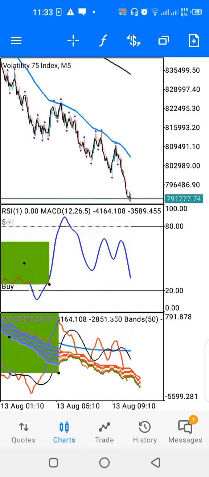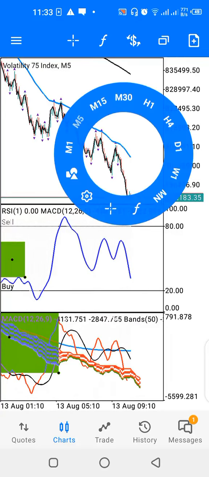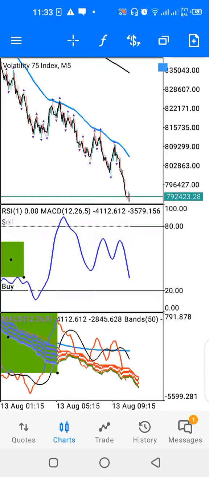Okay, for now, volatility 75 index is trending downwards. You can see the blue line is below the black line, and the one period Bollinger Band is ticking downwards.